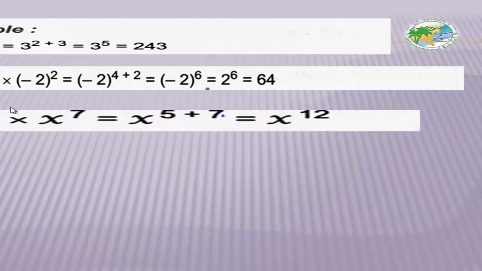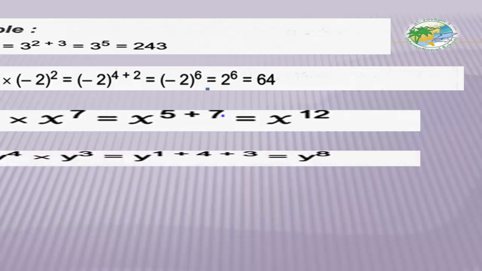X power 5 times x power 7 equals x power the same base. The bases in number and sign are equal, so we can add the two powers. 5 plus 7 equals 12. As I said before, if you don't have the power of the number, then we write 1.